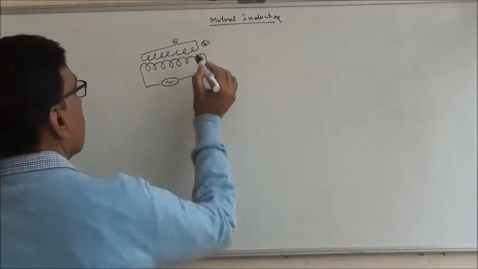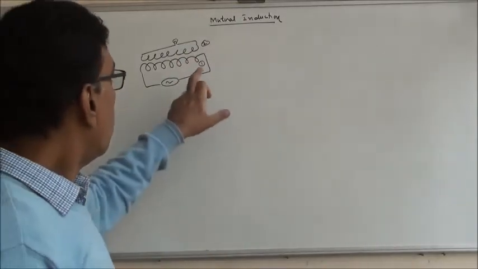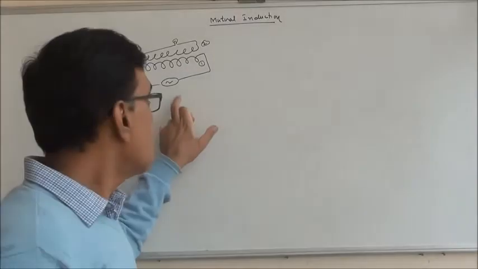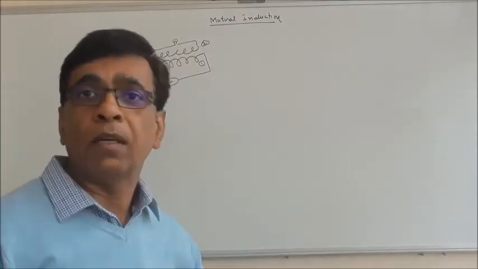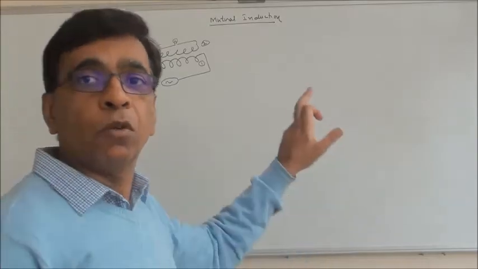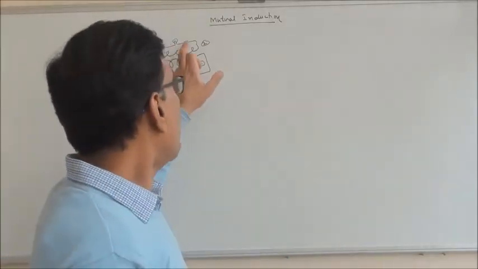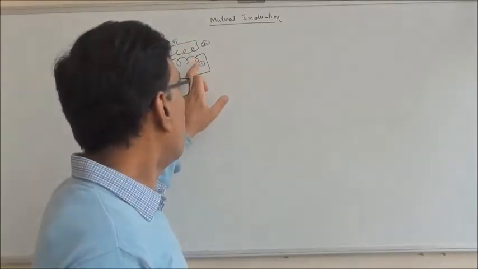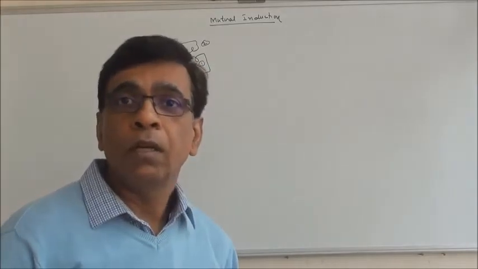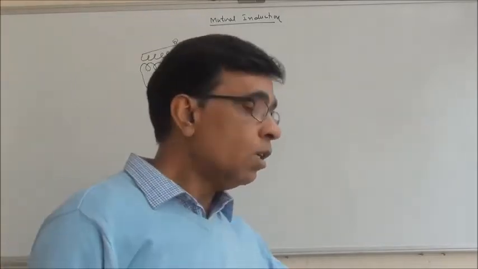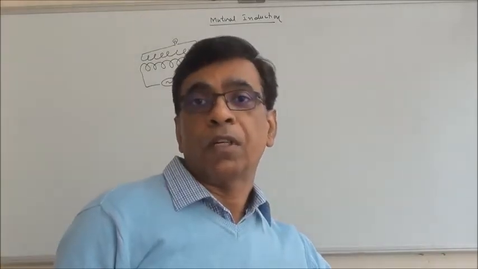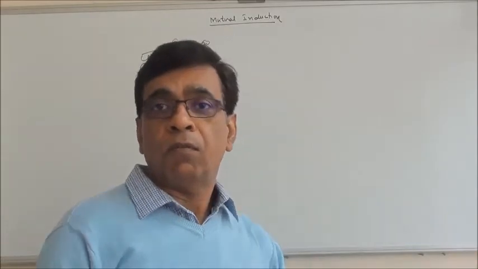So I can name them coil 1 and 2. Only one is connected to the source, the second is not connected to any battery or source. It has only a light bulb, but it lights up when you bring this coil 2 close to coil 1. This phenomenon is called mutual induction. The reason we have already discussed.